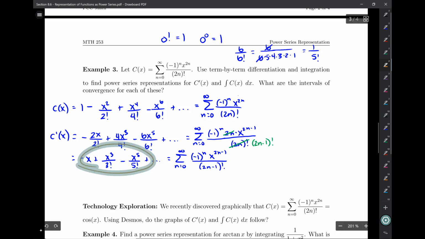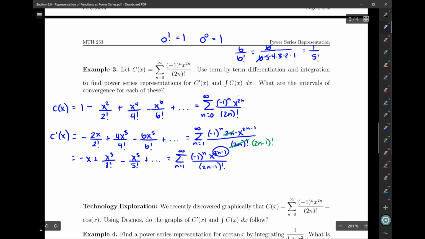We don't have that over here. So notice that what we need to do is adjust the index here. So rather than this starting at 0, I need to have this start at 1 instead, so that I end up getting the x to the 1 divided by 1 factorial, which is actually represented with the first term here.